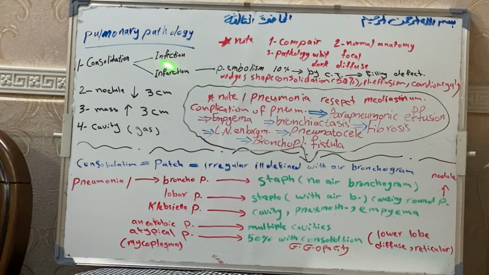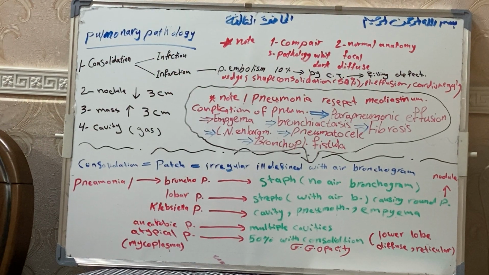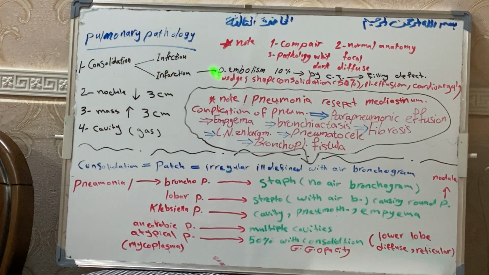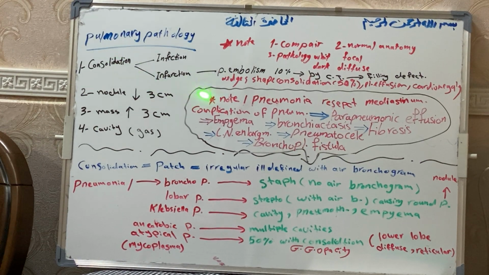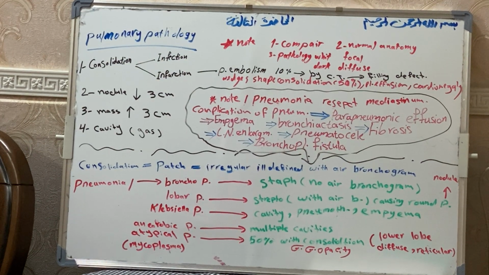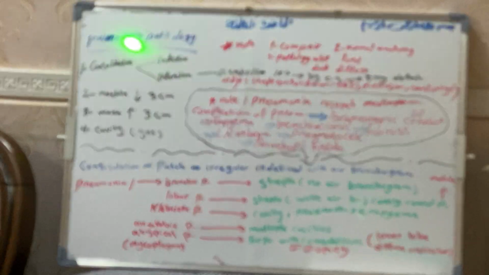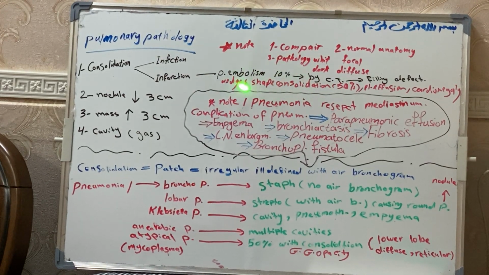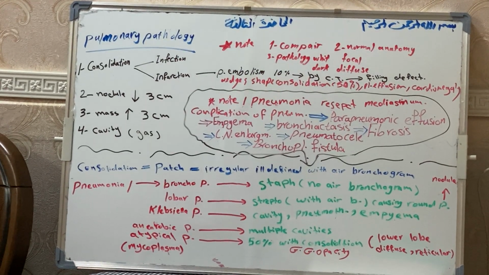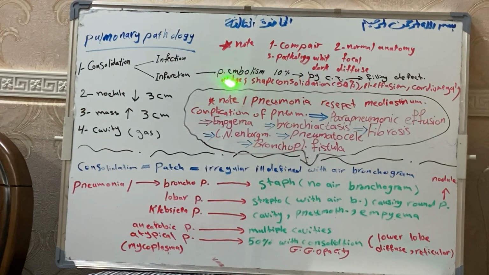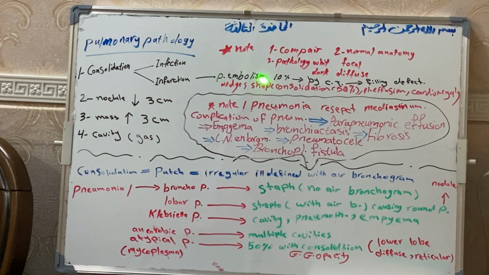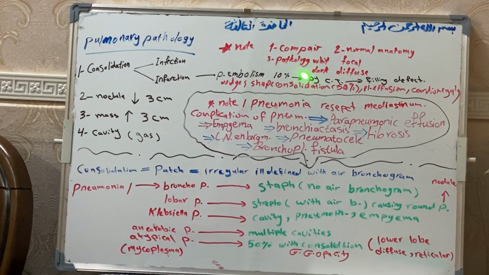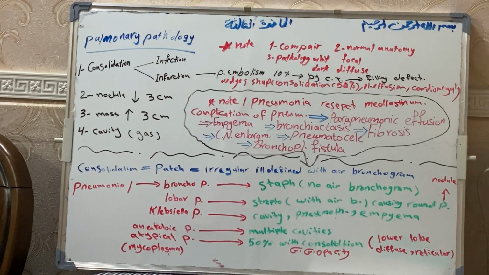The infarction appears in X-ray as a consolidation, triangular in shape, and 10% are associated with pulmonary embolism. We can diagnose pulmonary embolism by CT angio.